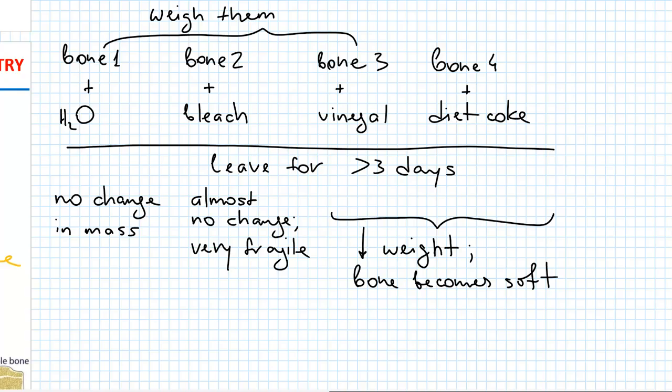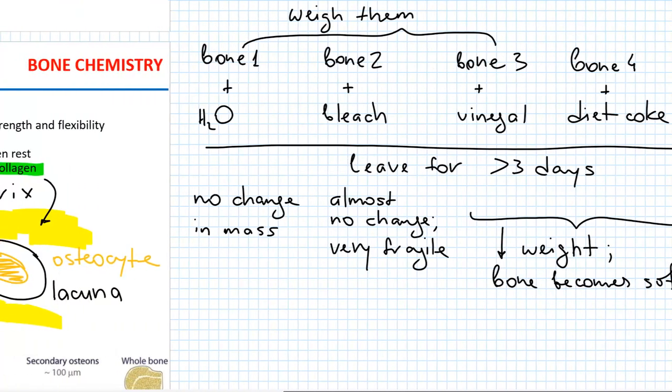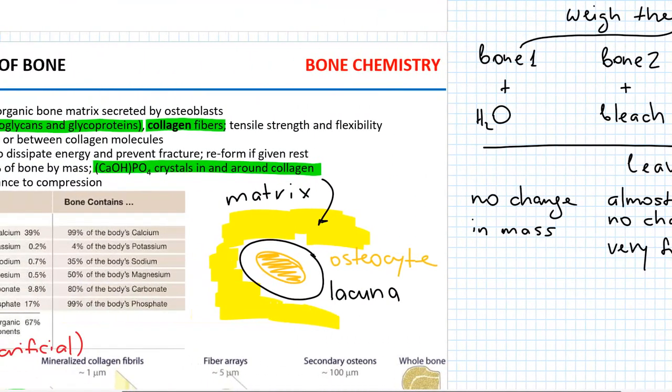Okay? Now, what about bleach? If acidic compounds remove calcium, what is the second most important component of the bone, the component that gives it the resilience to tension and compression? Collagen: tensile strength and flexibility.